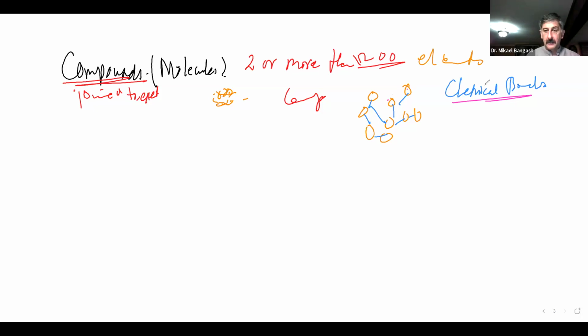But without going into all those details, we can just say that they hold these elements together, and we can roughly call them chemical bonds.